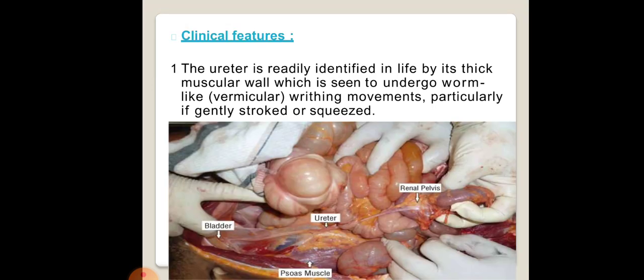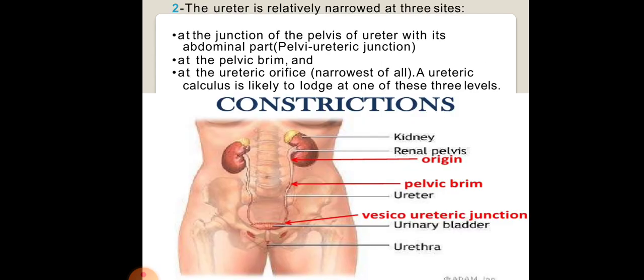Now some clinical features regarding the ureter. The ureter is readily identified in life by its thick muscular wall, which is seen to undergo worm-like, that is vermicular, writhing movements, continuous peristaltic movements, particularly if gently stroked or squeezed. So in this way, in patients undergoing some surgeries of the abdomen, the ureter can be identified.